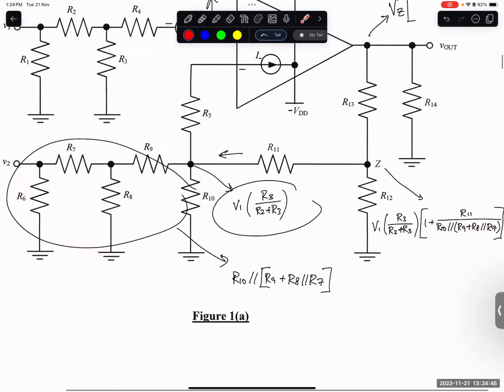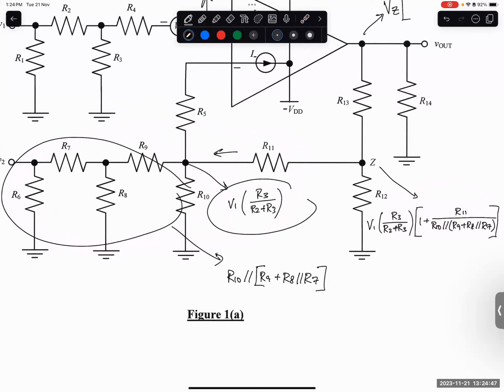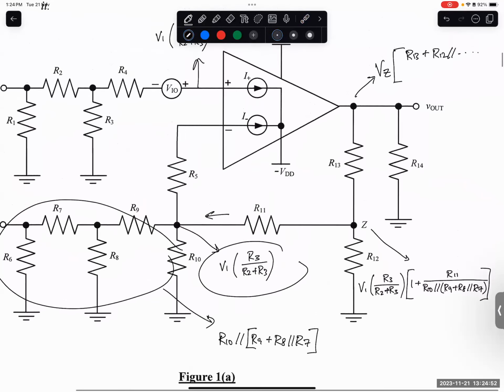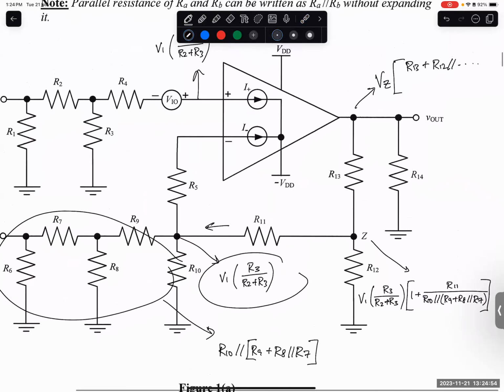That's why it's 1 plus. I think the one on top is the same also.